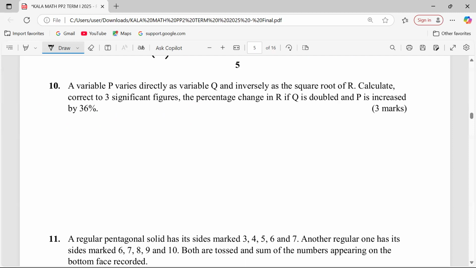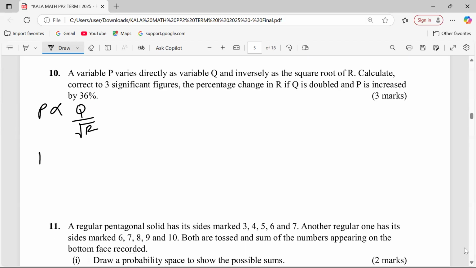P is directly variable to Q, but inversely to the square root of R. So P equals a constant K times Q over the root of R. With this now, because we need the percentage change in R, we can make R the subject.